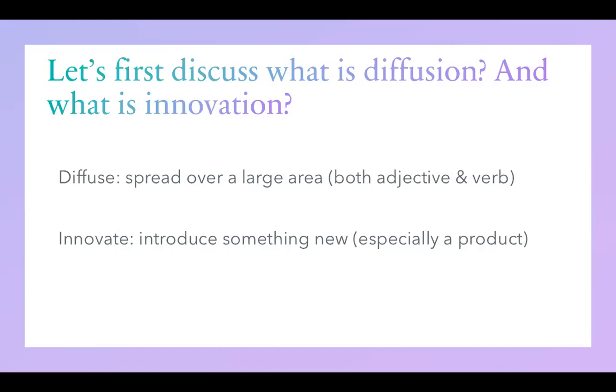People get to know about something new that is available in the market through mass media. So media plays an important role in the dissemination of information related to innovation. Does this make sense, Amina, especially? Yes, ma'am. Okay, for the rest of the students, does it make sense? Yes, ma'am. Good.